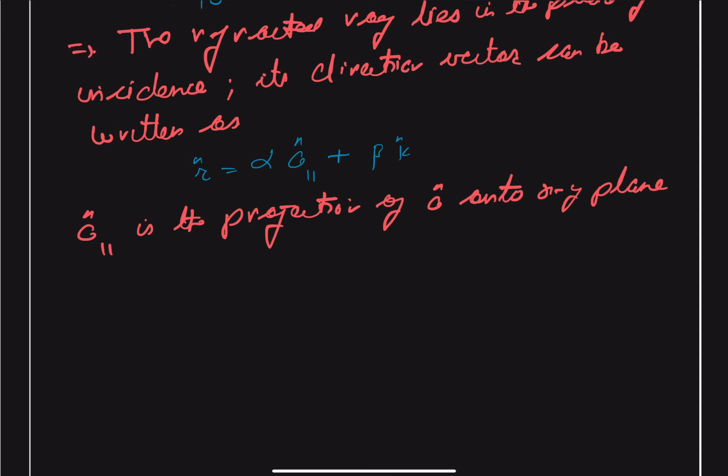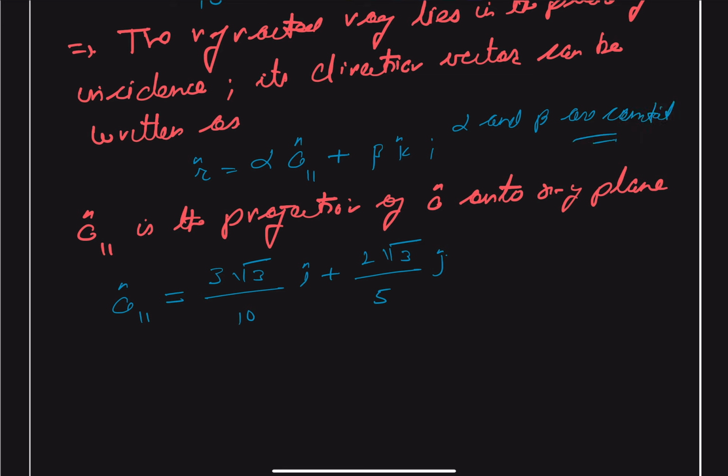So we can find our A parallel unit vector, which will be equal to 3 root 3 divided by 10 i unit vector plus 2 root 3 divided by 5 j unit vector. And now we are going to find the values of alpha and beta. Here alpha and beta are constants whose values we are going to find out.